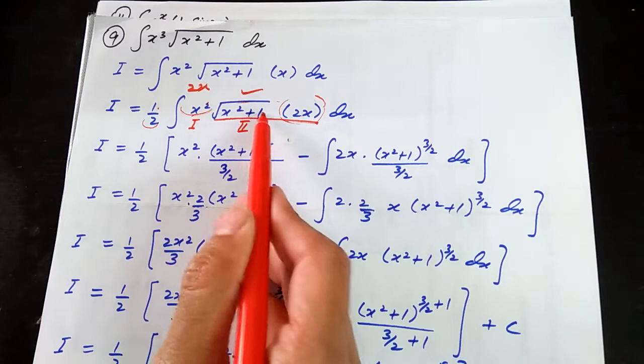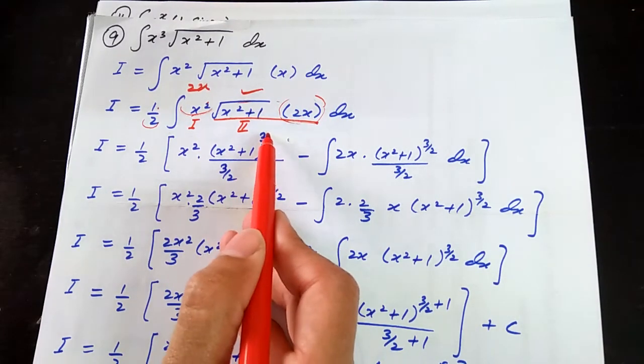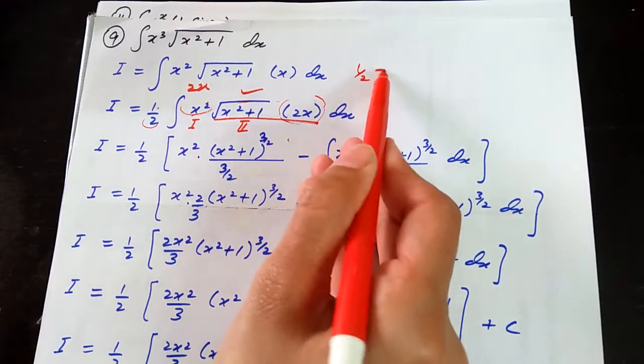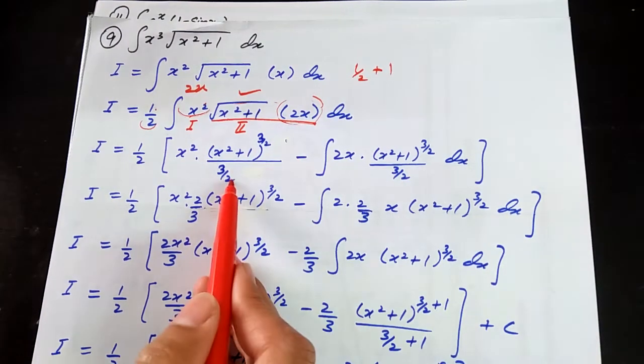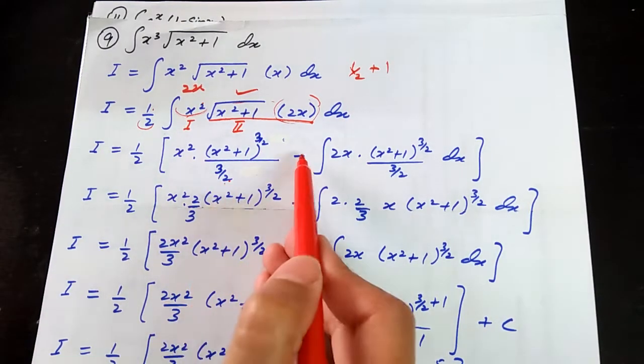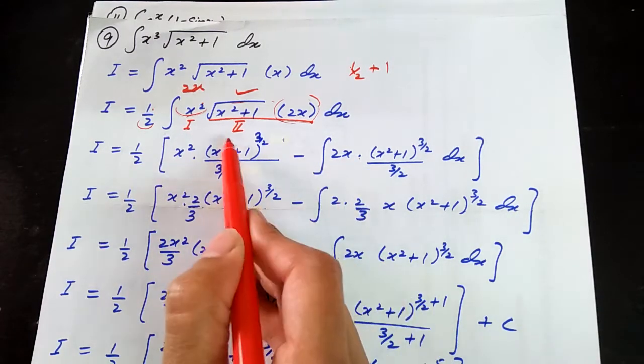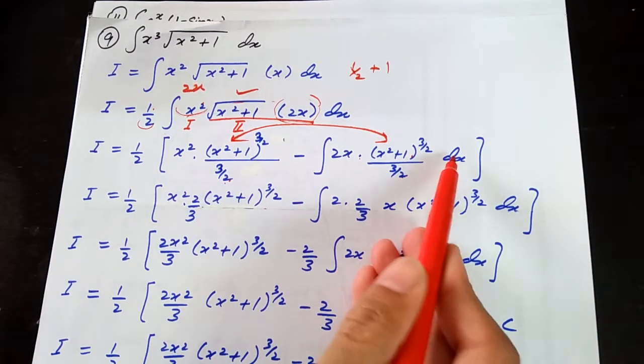Now you see x square plus 1 has a derivative 2x, that is with it. That's why we will just add 1 to the power, that is 1 by 2 plus 1, and the same thing will divide here. After 1 by 2 plus 1 we'll get 3 by 2 and 3 by 2 here. Minus integral derivative of first function into the same answer, integration of second function dx.